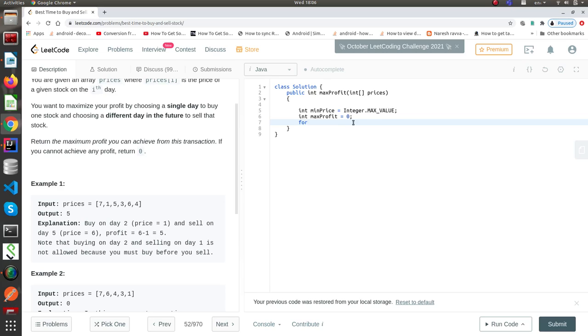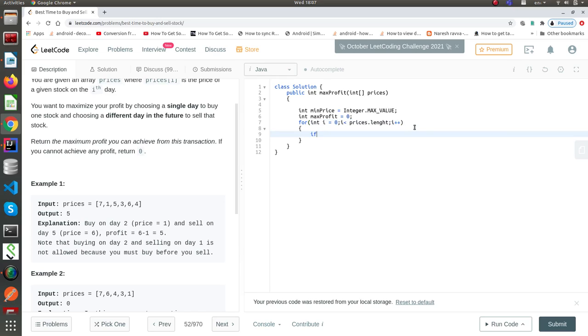So for loop, int i equal to 0, i should be less than prices.length, i plus plus.